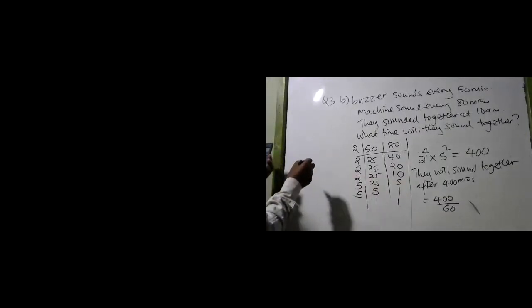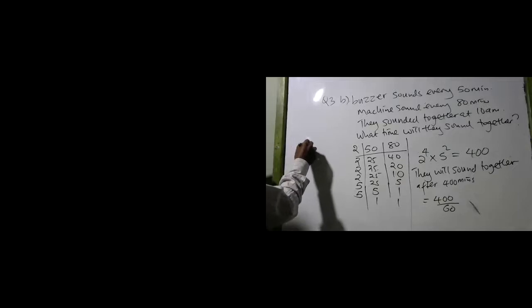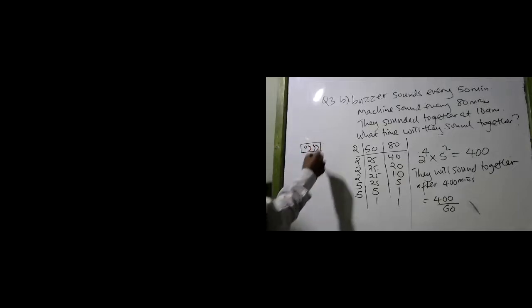But I told you that you can press another key in your calculator, there's a dot key like this. When you press that key, we are going to get 6 hours, 40 minutes. So this is going to be 6 hours, 40 minutes.